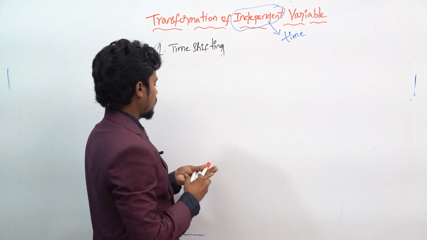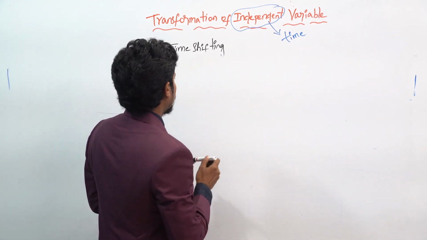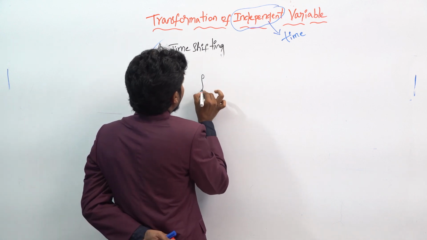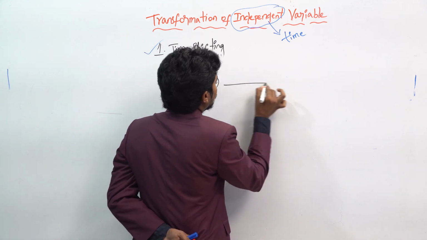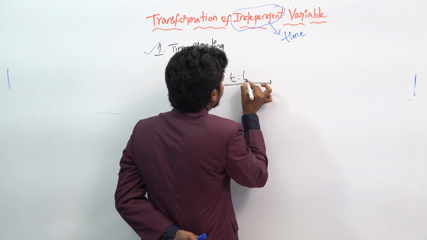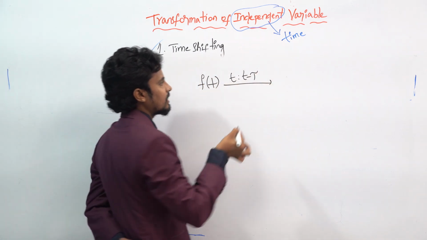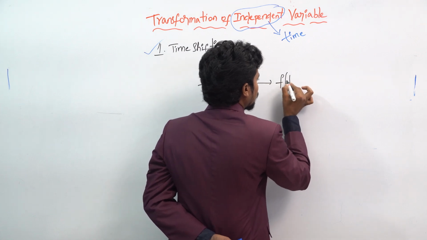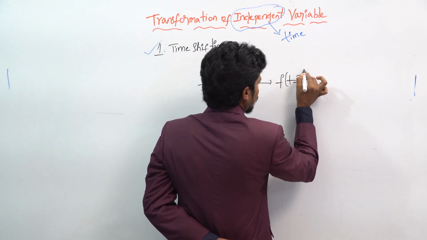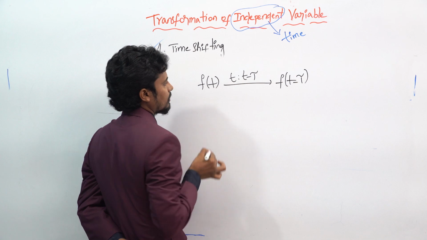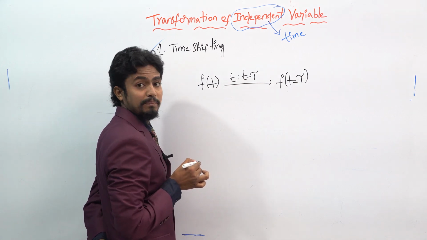So if you take f of t and in place of t you put t minus tau, this becomes f of t minus tau. This operation is said to be the time delay.